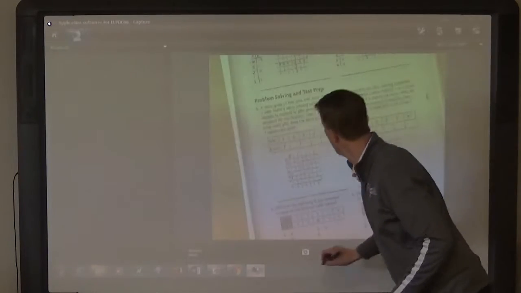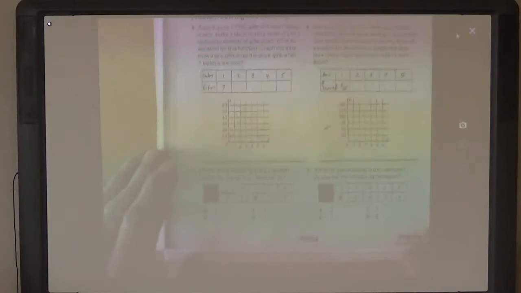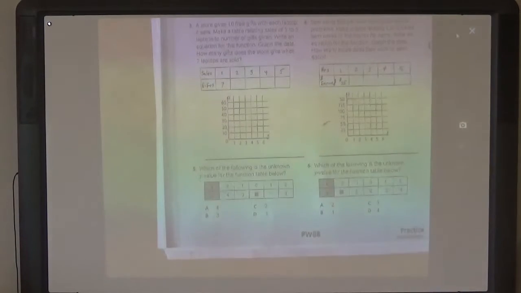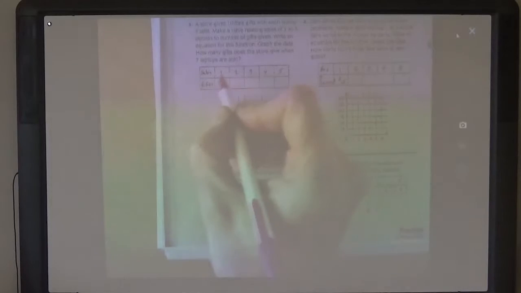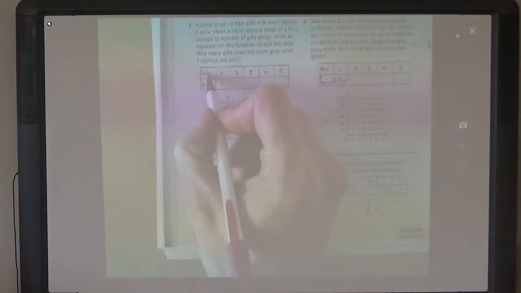So what you're going to do is fill in the pattern and then use that information to draw a graph. I've set this up for you so you know how to relate these numbers.